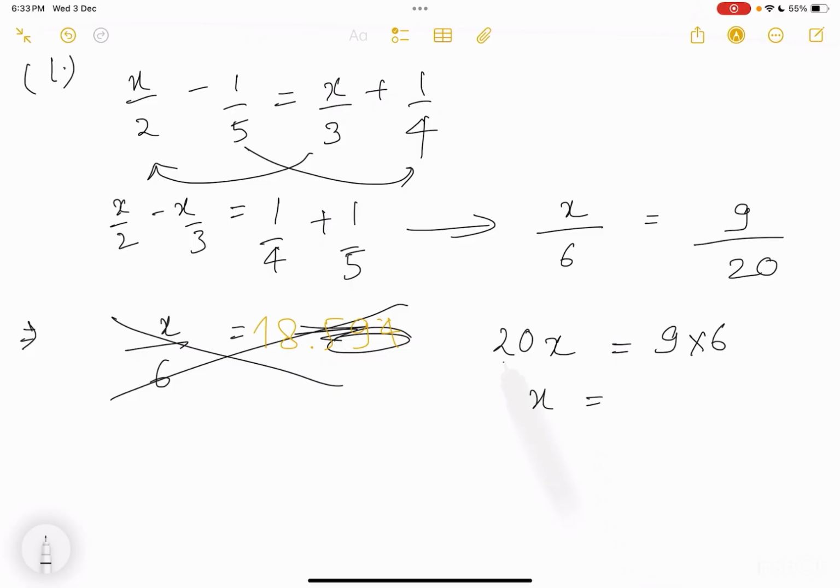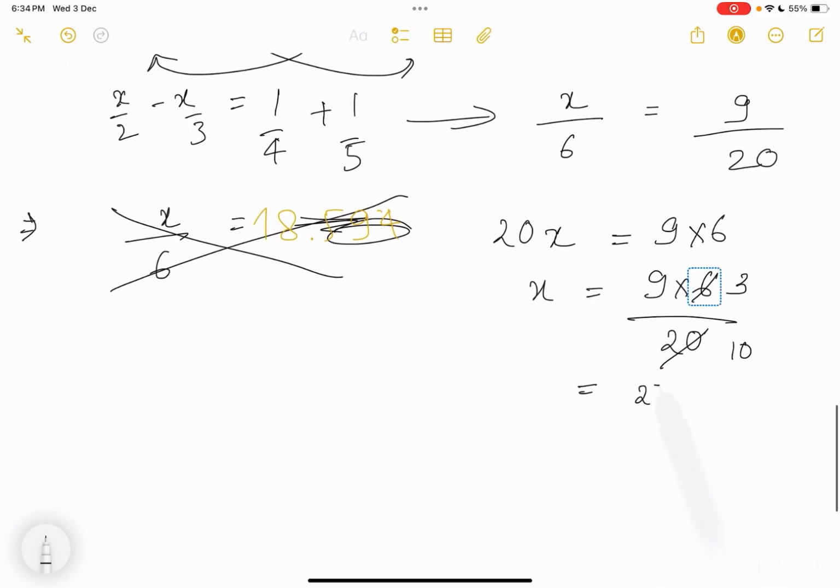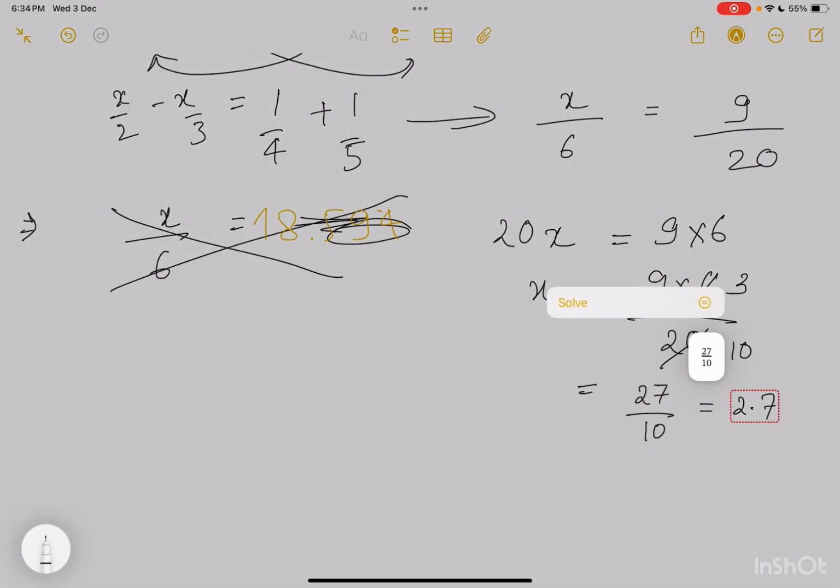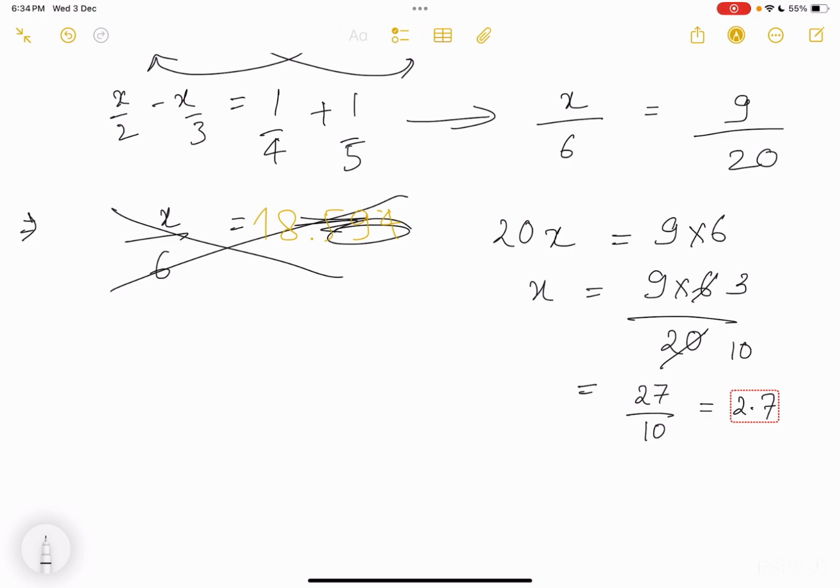And then you will need to divide both the sides by 20. Now you can cancel it out with this is 3 and this is 10, and you will get your answer as 27 by 10, which is 2.7. Okay, so next question.